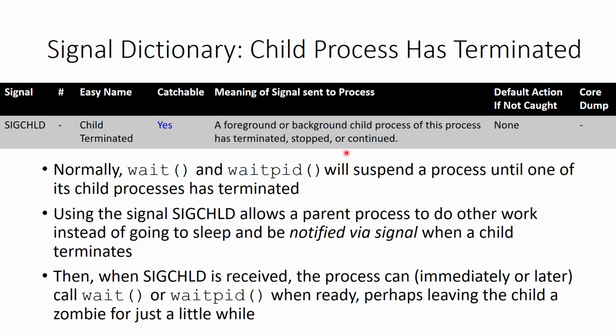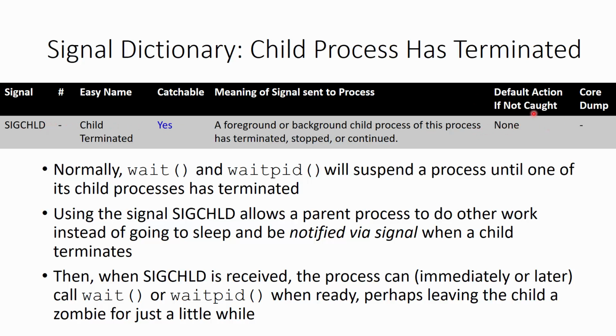All right, so another entry here in our dictionary, the SIGCHLD signal, which is a very important one. This one doesn't have a number, but it's about when a child process terminates. It's certainly catchable, and the meaning is that a foreground or a background child process of the process that's received the signal has terminated, has stopped, or has continued. So something has happened to that child.